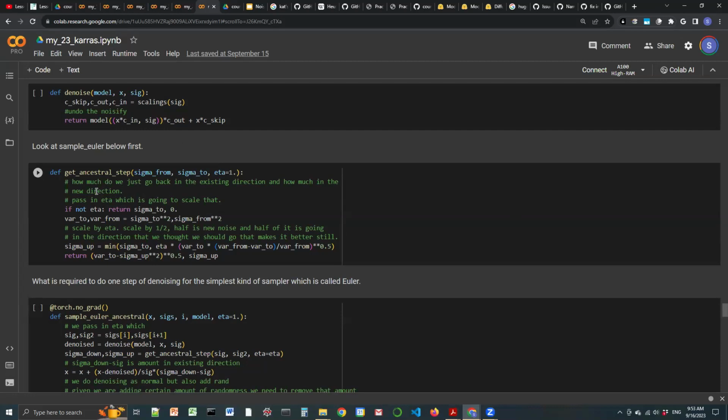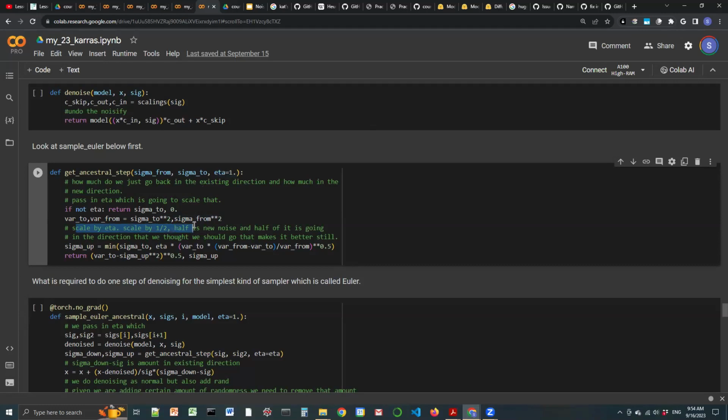And that is what is going to be used in the ancestral step. That is, how much do we go back in the existing direction and how much in the new direction, and that is determined by this eta value that we pass in. So what we do is scale by eta.